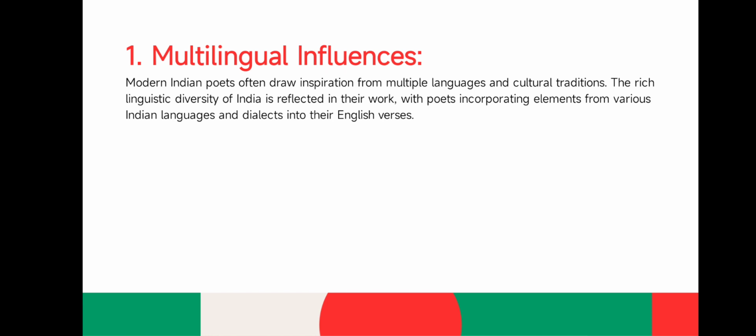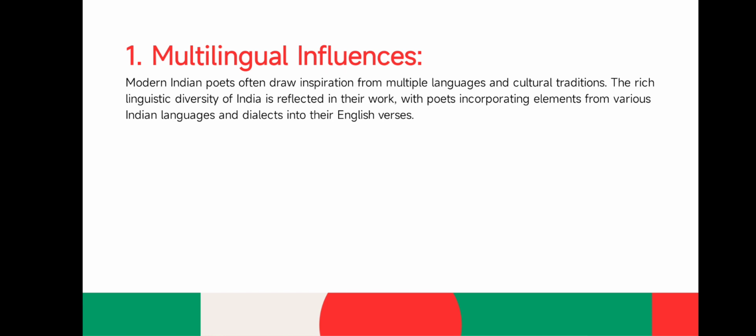So that is why we can see that whenever an Indian is writing in one language, there are knowingly or unknowingly influences of other languages as well. This exclusivity of language is no longer relevant. This cultural or linguistic diversity is apparent in the literature of the modern age as well.